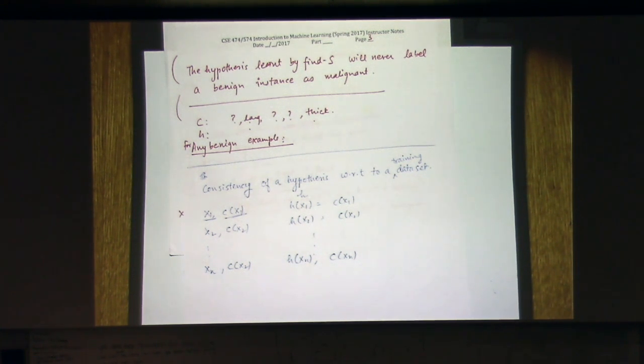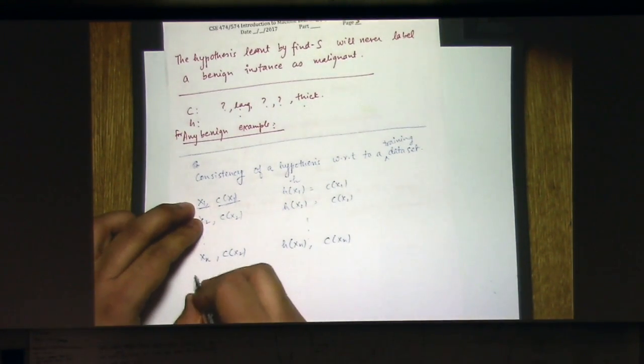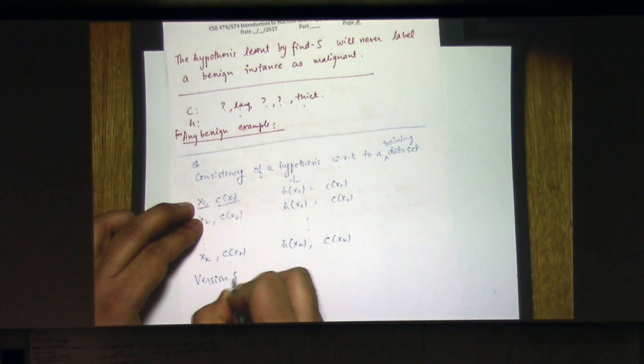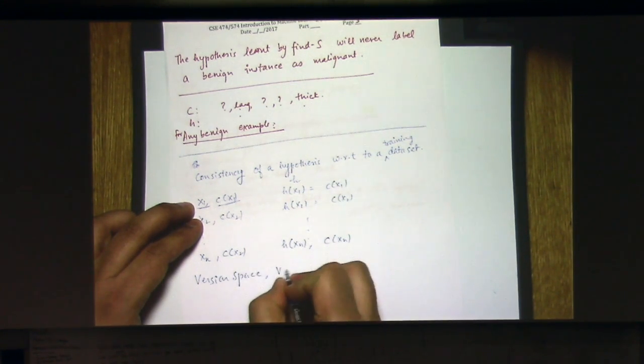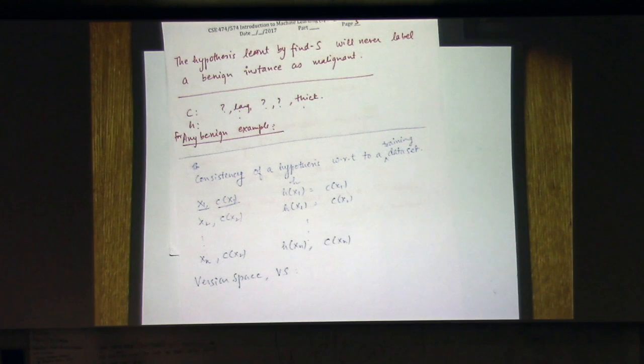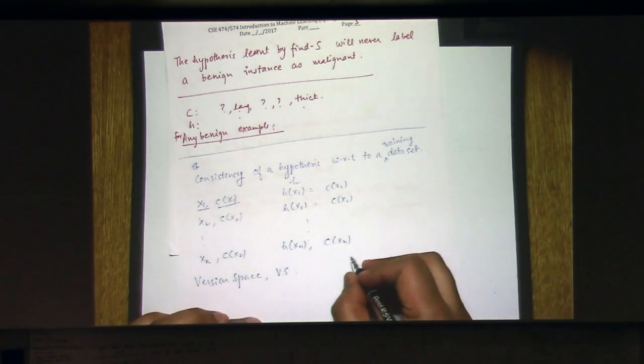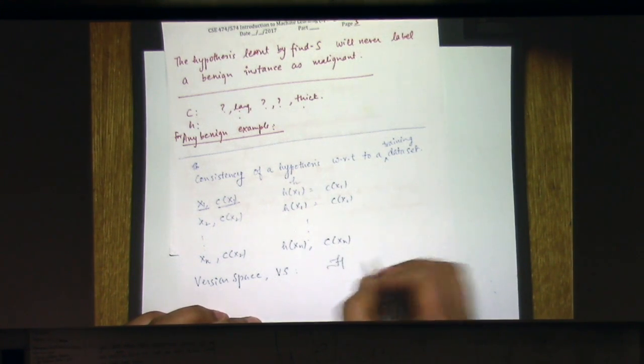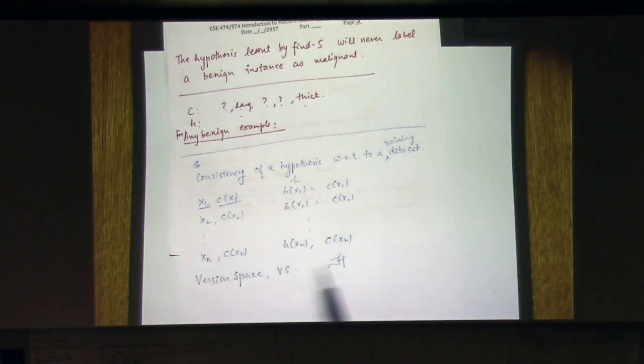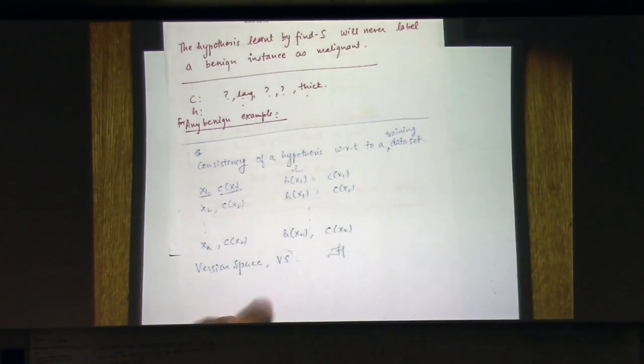Now we define this notion of a version space. A version space, which I will write as VS, is the set of all consistent hypotheses. Let's say H is your hypothesis space. A version space is a subset of H. All the hypotheses in the version space are within H as well, but all of them are consistent with your training data.